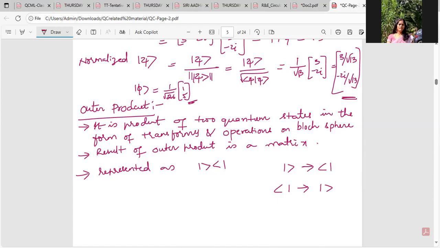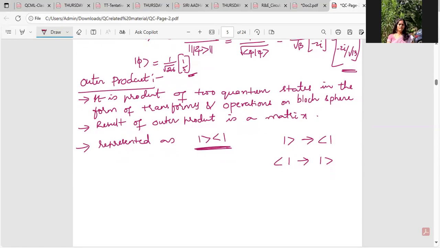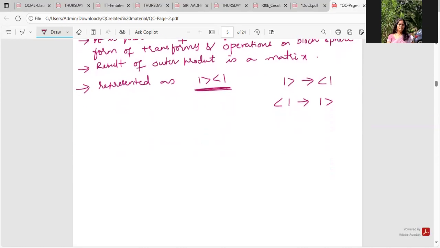Again, regarding the Bloch sphere, I'll make a separate video explaining things on it. Obviously, mathematically, what outer product represents is a matrix. Now, here what I'm getting is a number when I'm going with the inner product. Outer product results in a matrix. Now, how do I represent outer product? As I have said, it looks just like the opposite of the inner product. But what exactly it signifies, we'll learn.